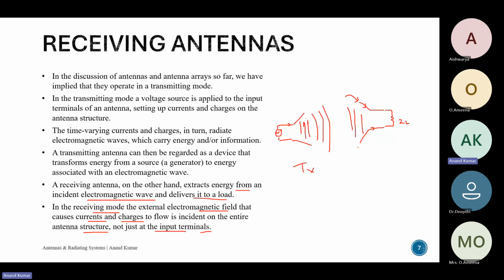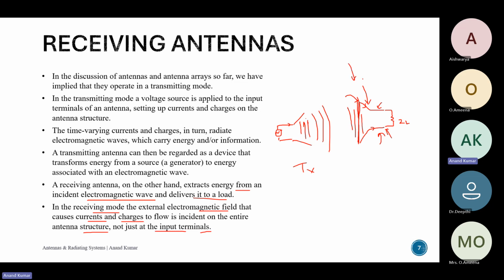Even if we intend that these waves are incident on some particular area of the antenna, it will irradiate the entire antenna structure, even the parts which are not intended to radiate or receive. So the entire structure is illuminated, and currents and charges are developed throughout the antenna structure.